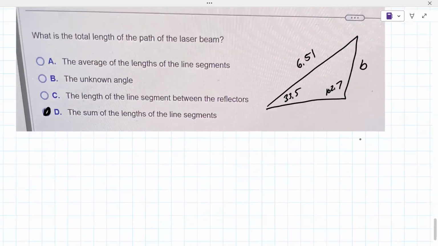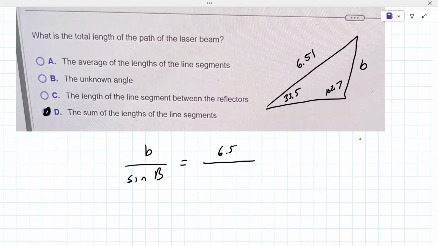To find B, B over sine big B equals 6.51. Sorry, let me not do it that way. A over sine A, because you've got to show your work. We'll call this A, this big B, this C, and then this little c there.